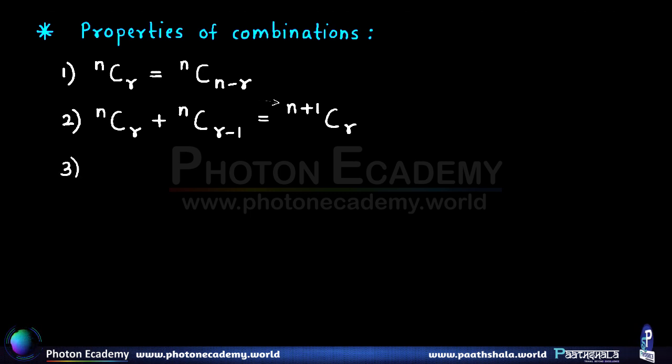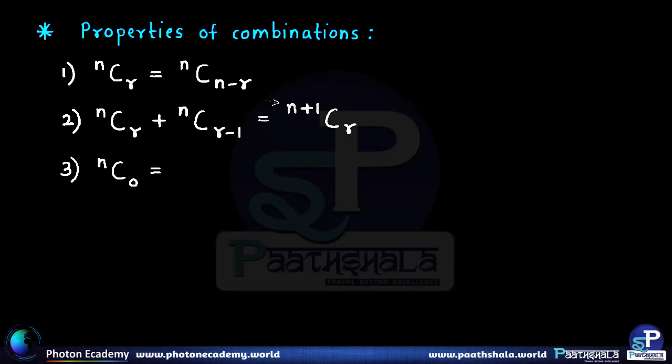Now moving ahead, let us see some of the special cases of the formula of combination. That is, if we consider nC0, which is nothing but 1, because nC0 stands for the number of ways of selecting nothing out of n objects, which can be done in only one way.